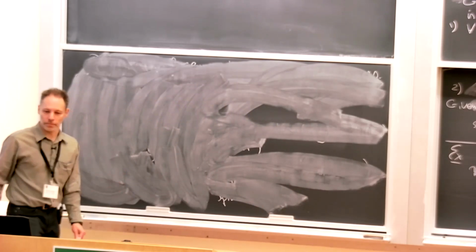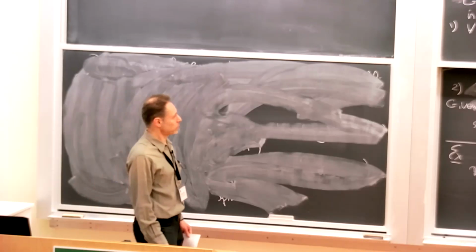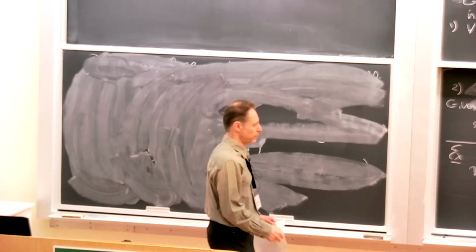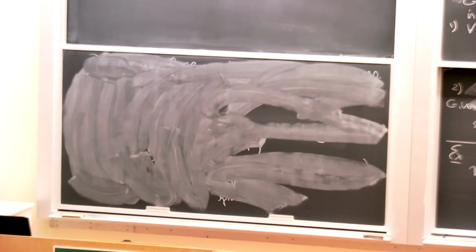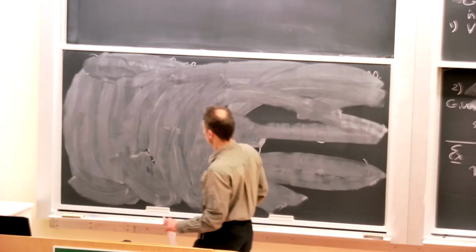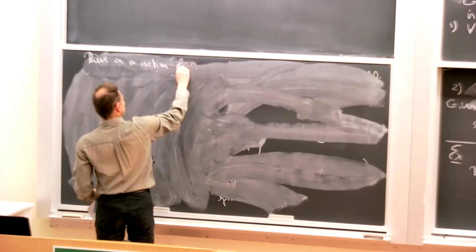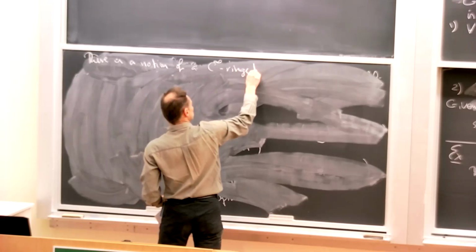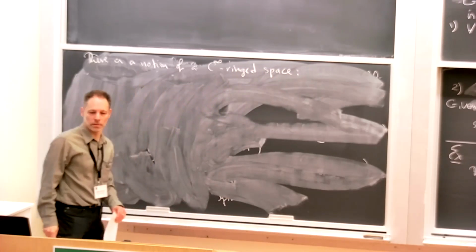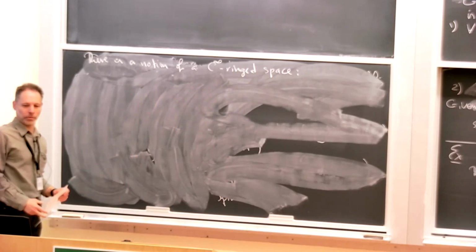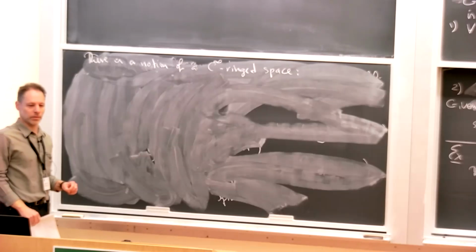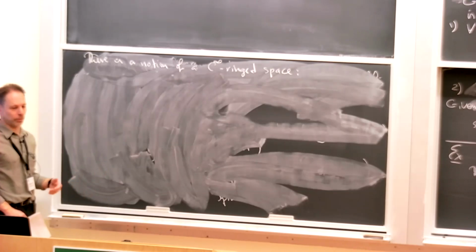So I just erased the C infinity schemes, but you can imagine that once you have something like a ring, you could try to imitate what's been done in algebraic geometry. So in particular, there is a notion of a C infinity ring space. And if you've done some graded geometry or supergeometry, you probably have dealt with ring spaces, or I don't know.